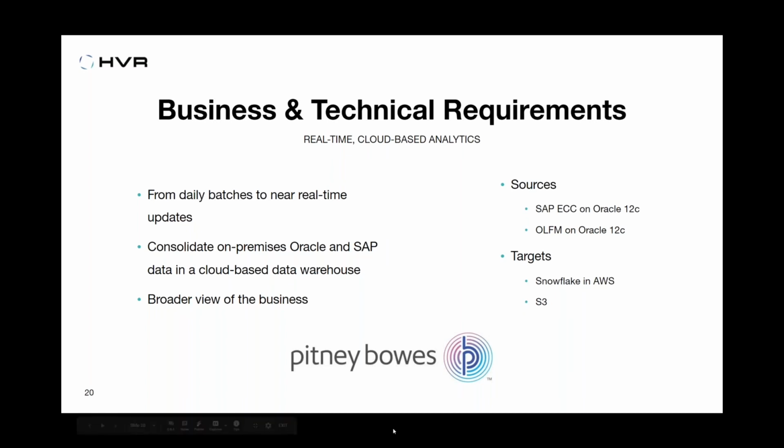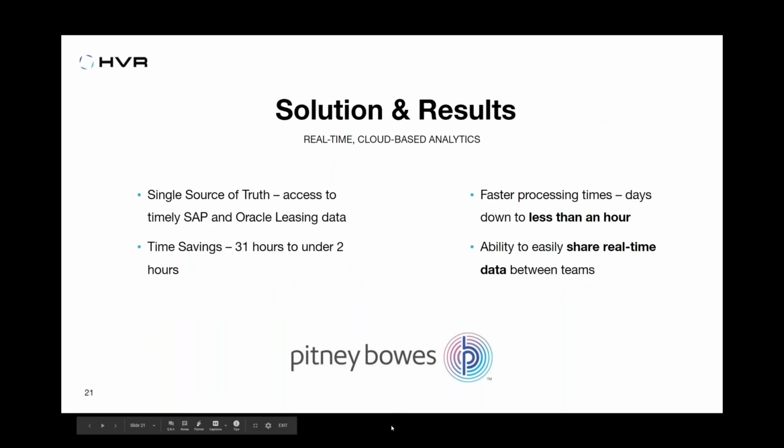They were then really able to dig in and better understand, and in the end, it's really about time savings and time to value. One of the quotes we got was they were able to take a 31-hour month-end process and bring it down to under 2 hours, because not only was HVR delivering this data in real time, Snowflake was able to process it in near real time as well.